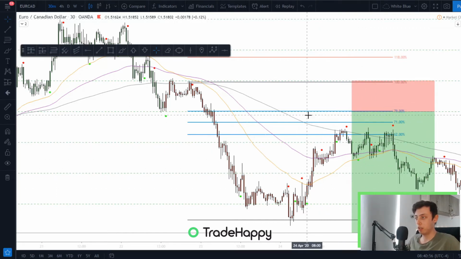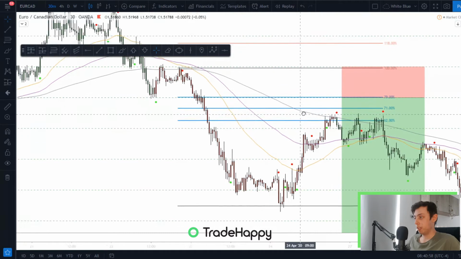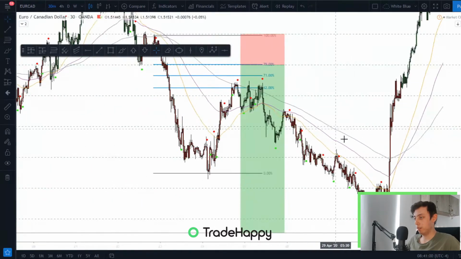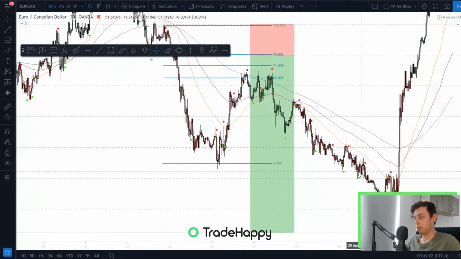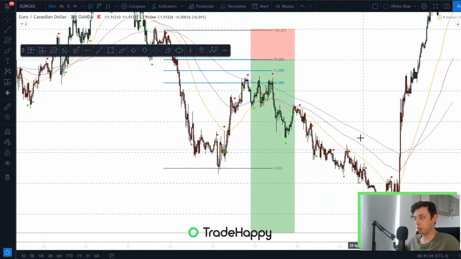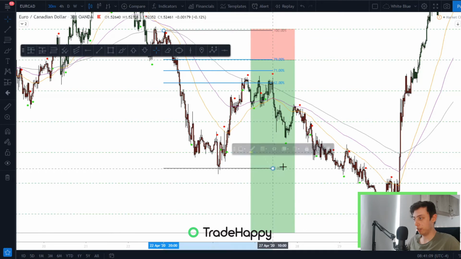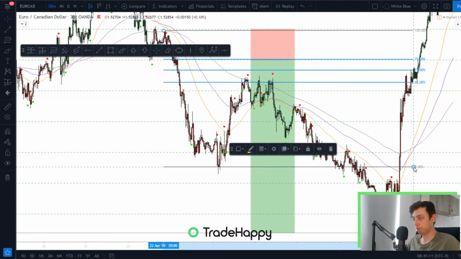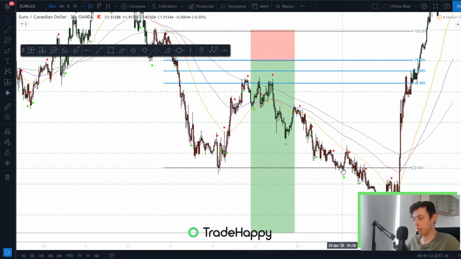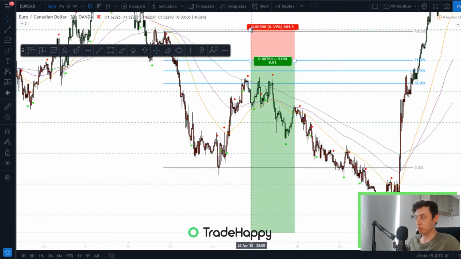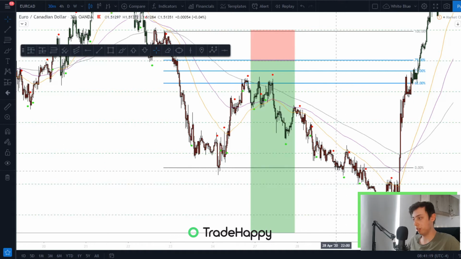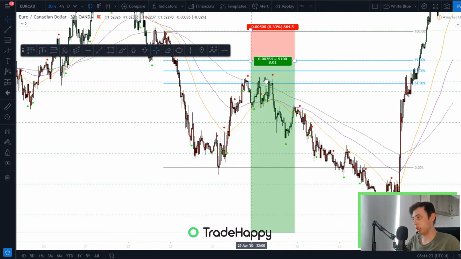So we never got in, and it turned out to be, well, not profitable, but we wouldn't have lost anything. At this 0 level here, when the market came down, we would have moved our stop loss to entry and taken a third of the position off here. So we would have made money, but we never actually got into that trade to start with.